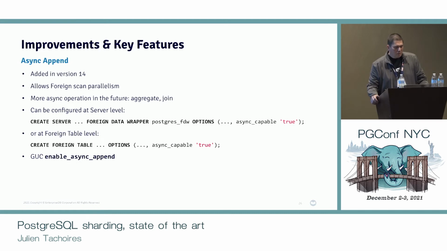More asynchronous operations will be supported in the future, and to enable asynchronous append, Postgres foreign data wrapper servers must be configured for using it by setting the async_capable option to true. It can also be enabled at the foreign table level by configuring the same option to true. And the enable_async_append parameter controls the usage of async append at the planner level.